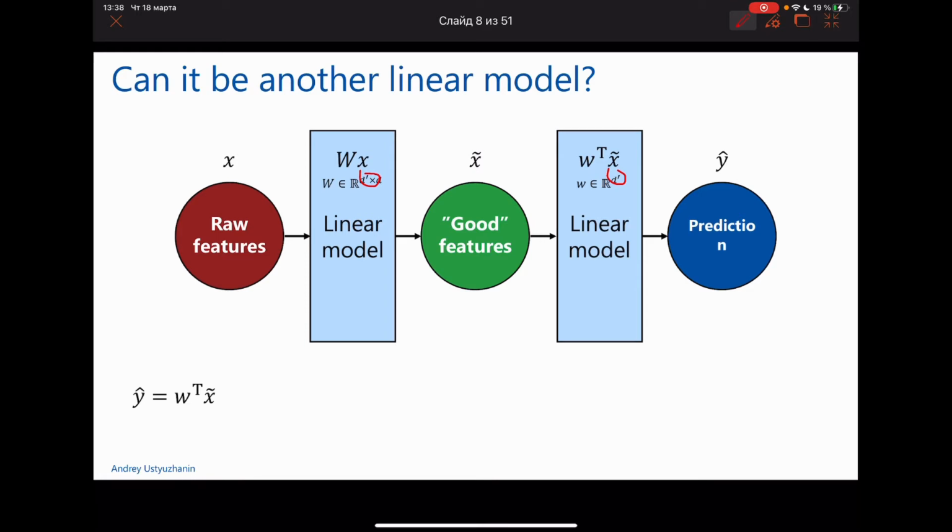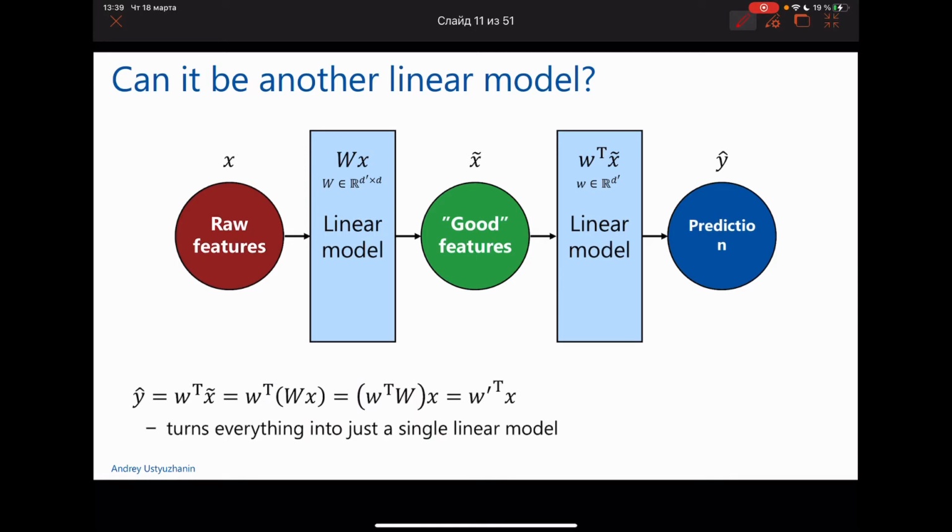So in that case, the prediction would be expressed in the form we have here, and if we substitute x wave with wx, then we end up with just another linear model, which doesn't make much difference with respect to a single linear model.